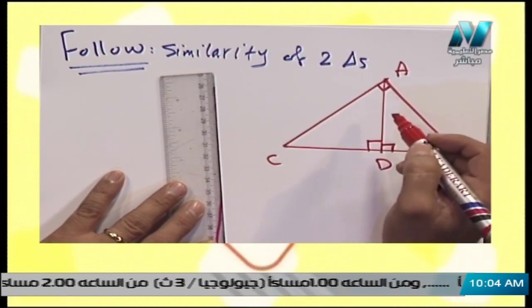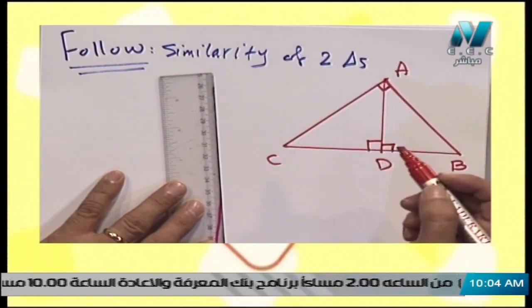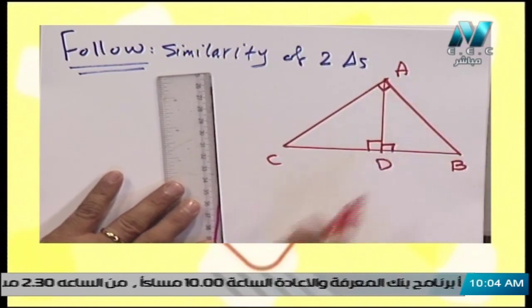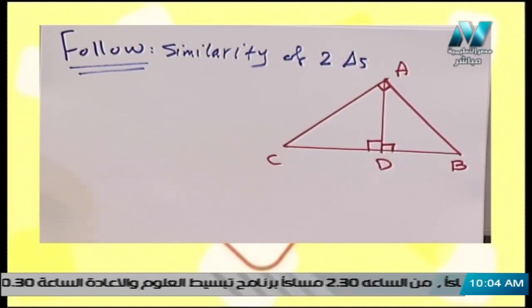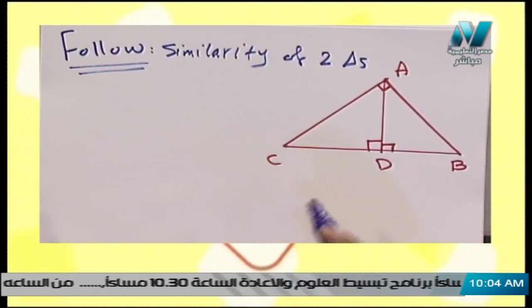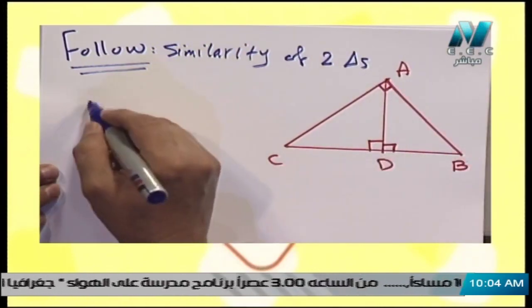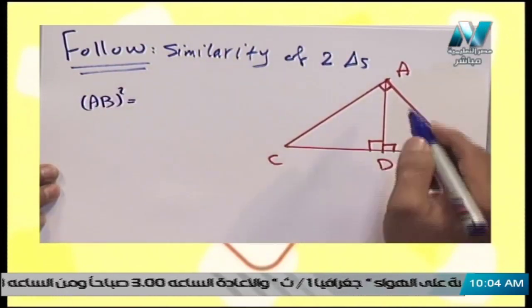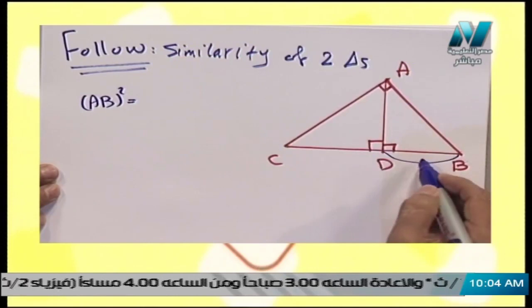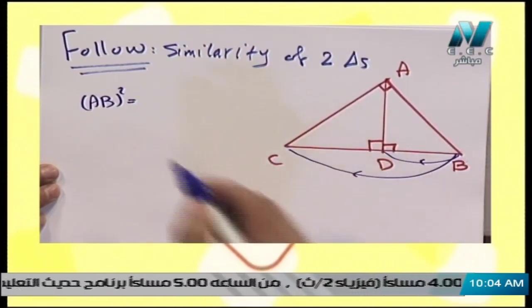So from previous studying in second primary preparatory, we remember about Euclid's Theorem. What is Euclid's Theorem? We have AB power 2 equals BD multiplied by BC.